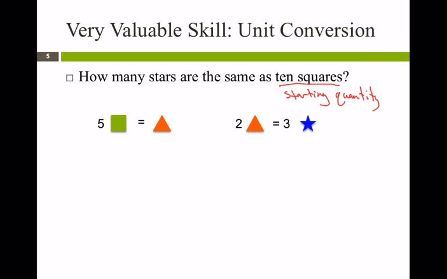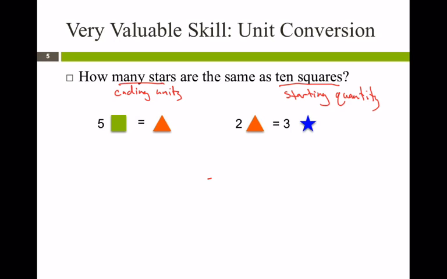So our starting quantity is in units of squares, and this is our ending units. But what's really important is that we're actually not changing a quantity. We're not starting with 20 cents and ending up with 50 cents. We're saying, well, how many cents are the same as $0.2? That's kind of what we're trying to do here.